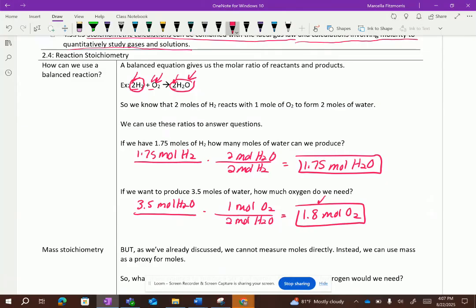Now, why didn't I write 1.75 like your calculator gave you? Because I rounded to the correct number of sig figs. If you need my help with that, let me know.